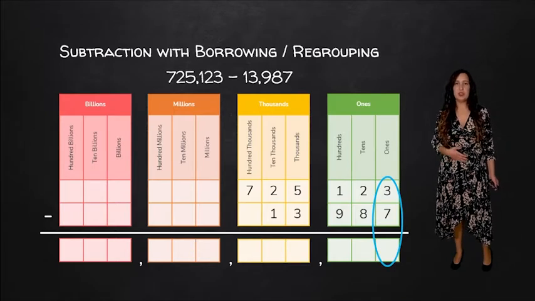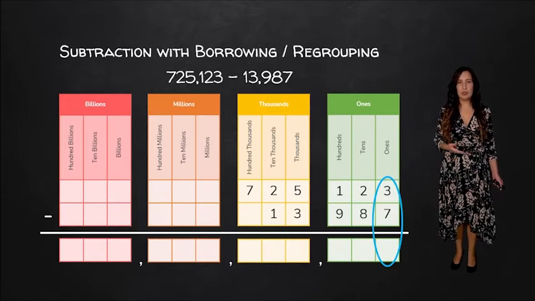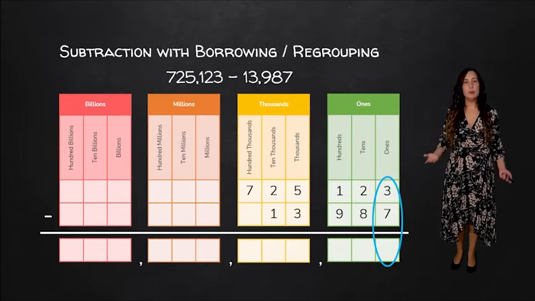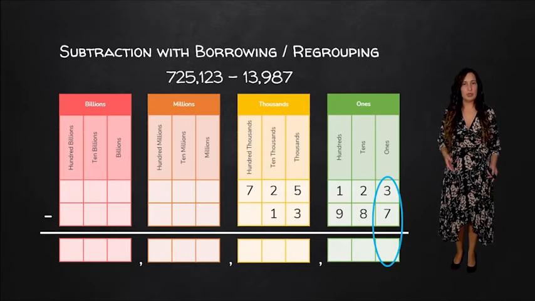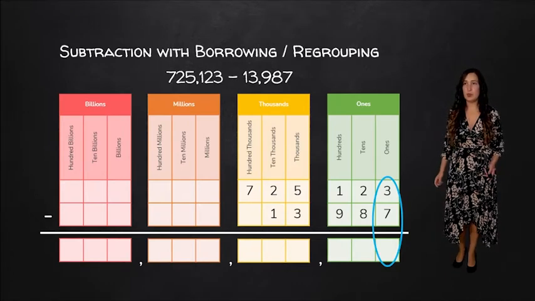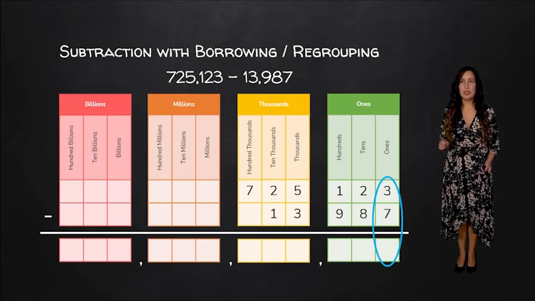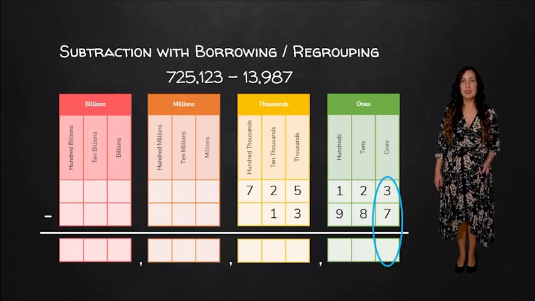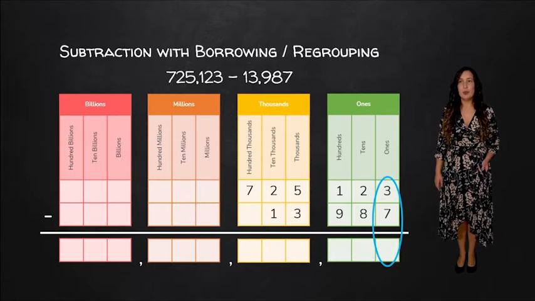Now, if it was just 3 minus 7, we would end up with a negative number. However, because there are values in front of the 3, we're able to borrow from them and regroup our numbers. So this is what it's going to look like. So looking at the number before the 3, we have a 2 in the tens place. So what we can do is we could cross out that 2 and make it a 1.